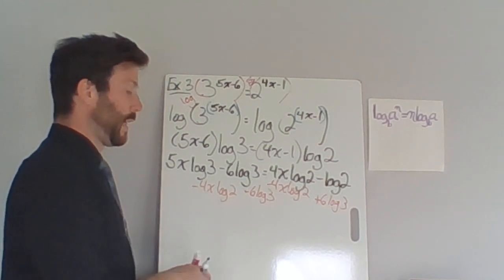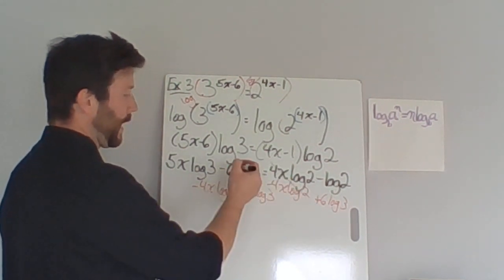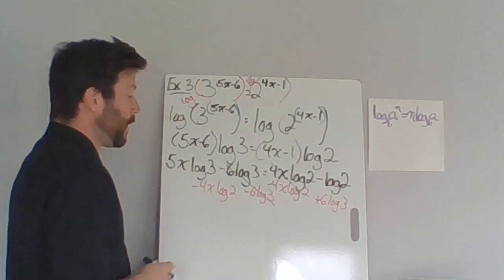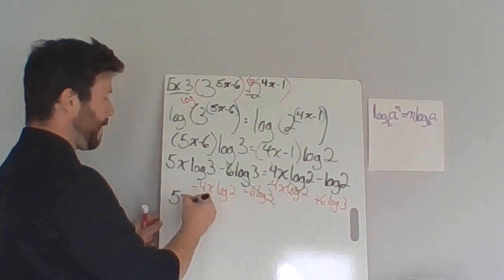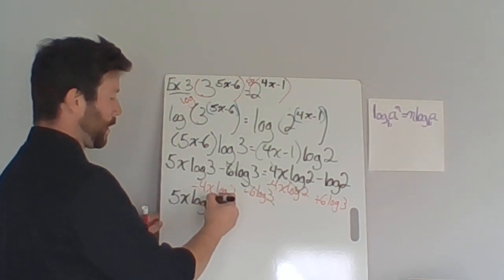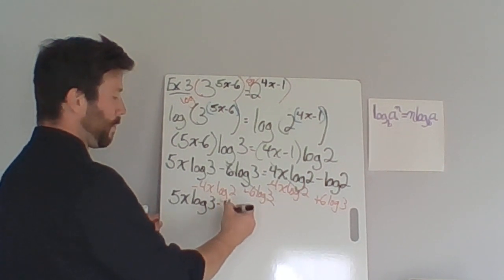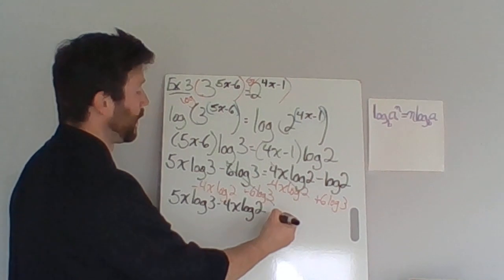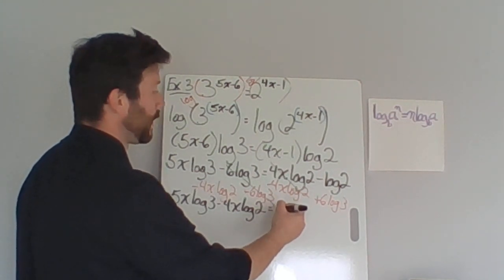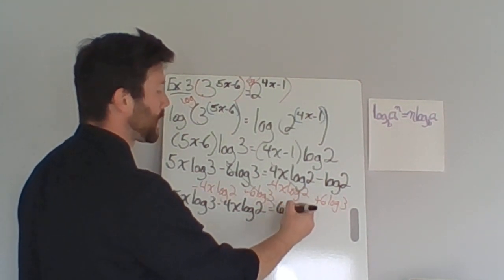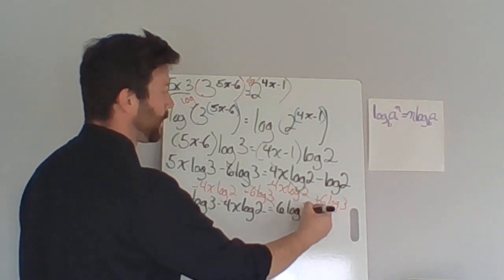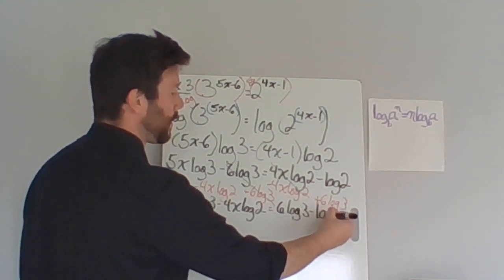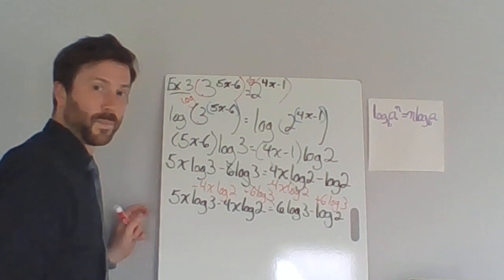Okay, now that's going to cancel these, and it's going to cancel these. So on the left side, I've got 5x times the log of 3 minus 4x times the log of 2 equals 6 times the log of 3 minus the log of 2.